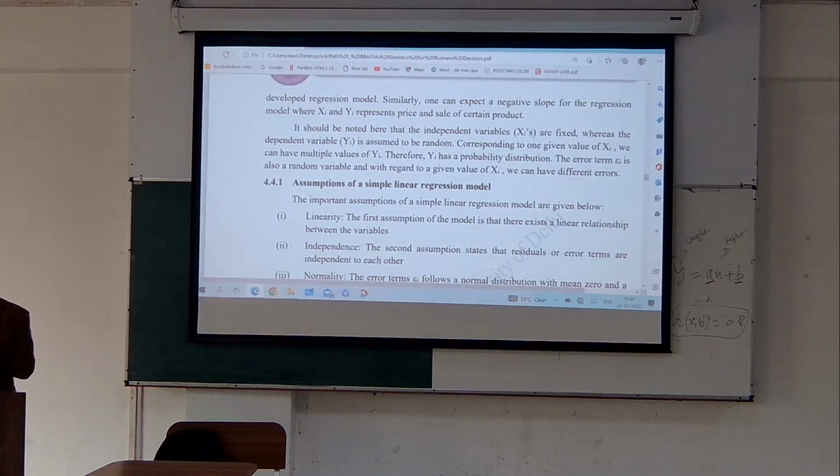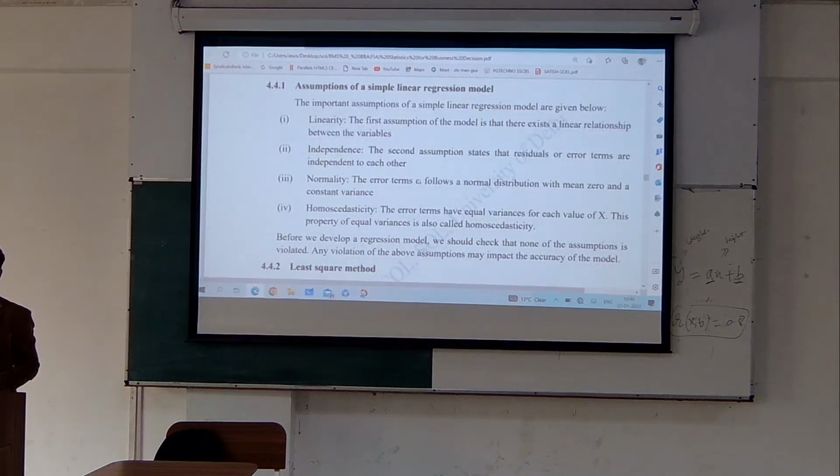And this is the derivation which has been done here. So there are some assumptions of the model. Okay, how would you have calculated this regression line? Whenever you derive some model, there are some assumptions and notations, and then you derive to that model. So assumptions are very important. Sometimes they may be asked. So the assumptions are linearity. Already I told you, you can only find the linear relationship.